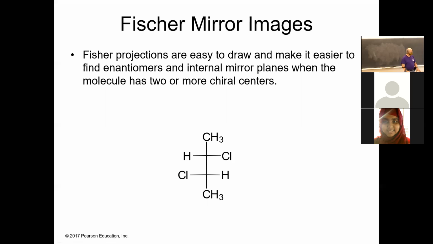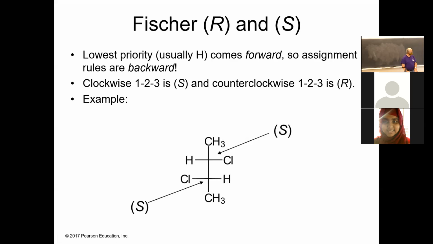So the enantiomer would have the top chlorine on the left, the bottom chlorine on the right. The lowest priority comes forward in this example, so the assignment rules are backwards. So both of these are S, and the enantiomer would have both of these as R.